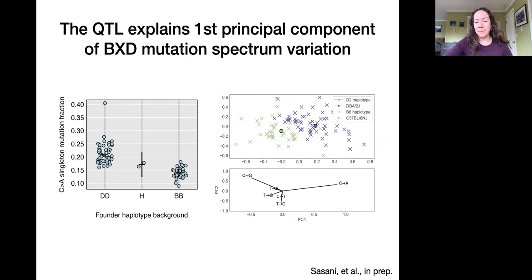And then if you do a PCA of the mutation spectra of all the BXDs and then color them by whether they have the D or the B haplotype, it pretty neatly explains the first principal component of the variation, which you can see on the bottom loadings panel is largely dominated by the C to A fraction.